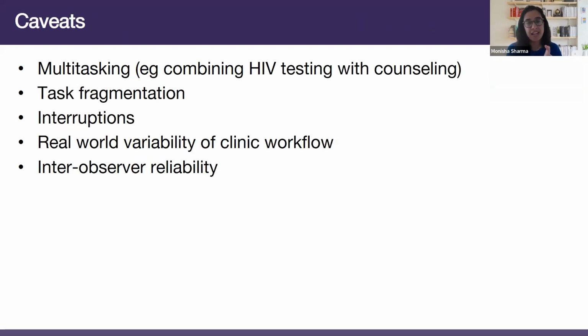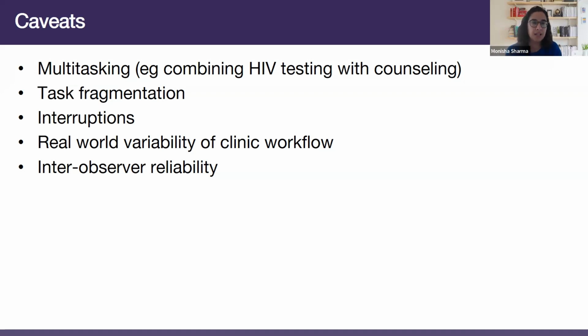And so there are a lot of caveats associated with conducting time and motion observations. For example, there's a lot of multitasking that goes on within all of our jobs. And so sometimes it's hard to estimate the time associated with one particular subtask in a whole stream of workflow.